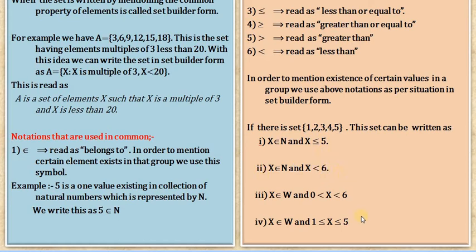Now some more forms are there. x belongs to W and 0 less than x less than 6 also gives the same idea of this set. And again another one, x belongs to W and 1 less than or equal to x less than or equal to 5. This also gives the same idea about this set.